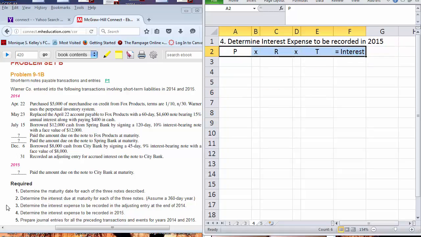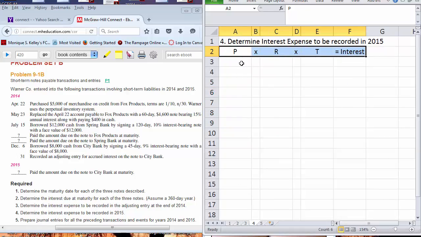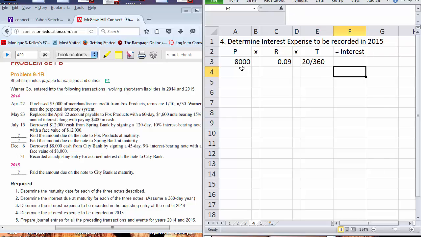And then item 4, determine the interest expense to be recorded in 2015. So in 2015, we only have Citibank. We've only used up 25 days in December, and the other 20 days will be in January. So we use our same 8,000, our 9% interest, and this time 20 over 360.